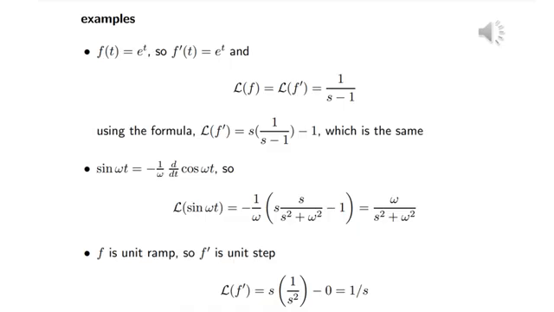So the total function comes out to be omega divided by s squared plus omega squared.